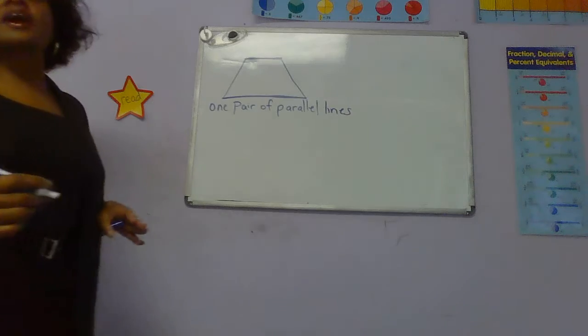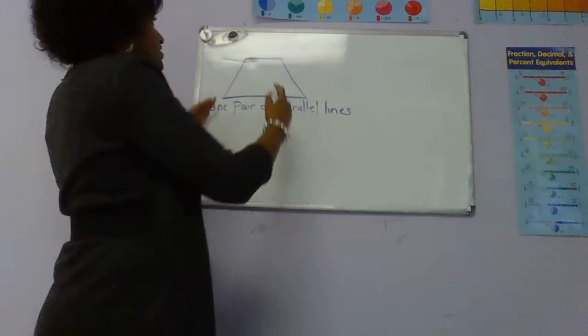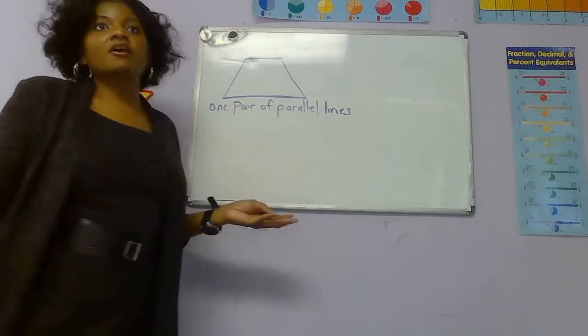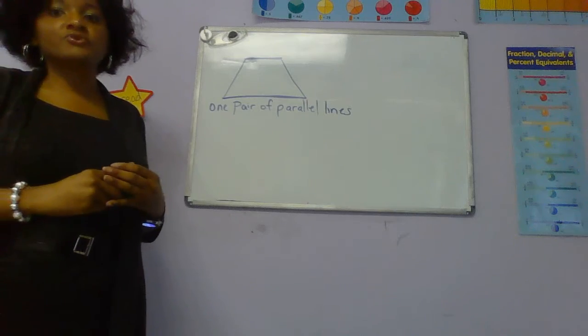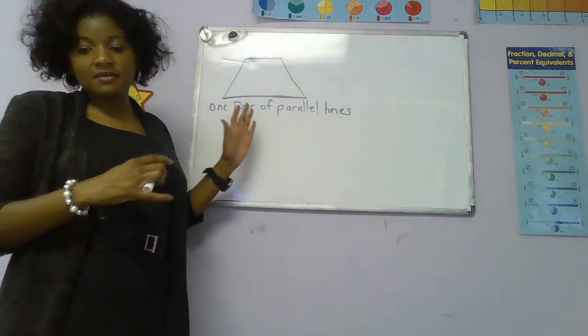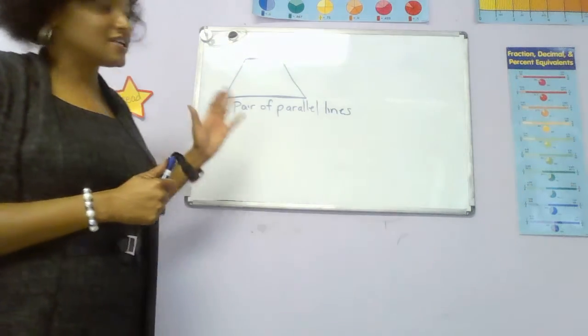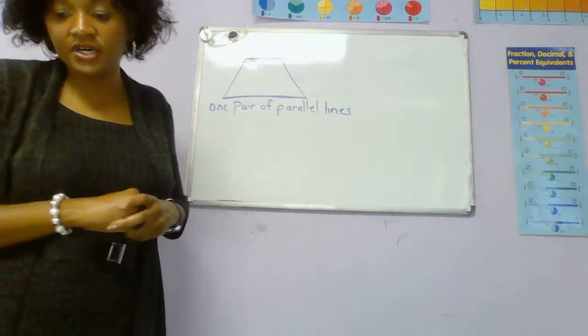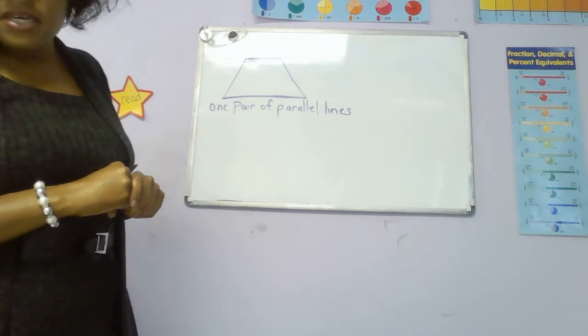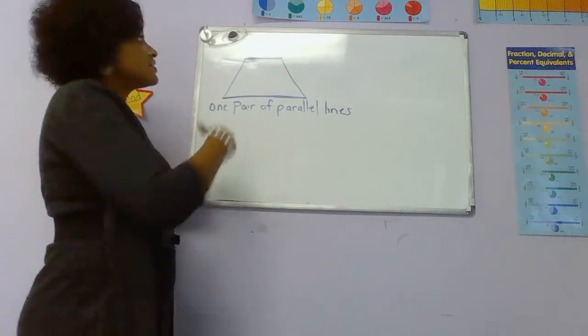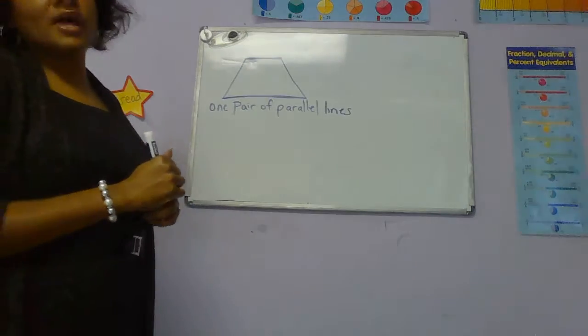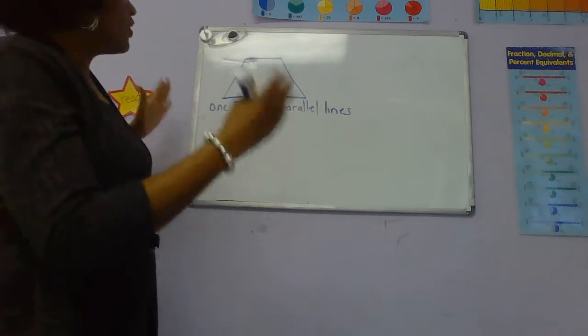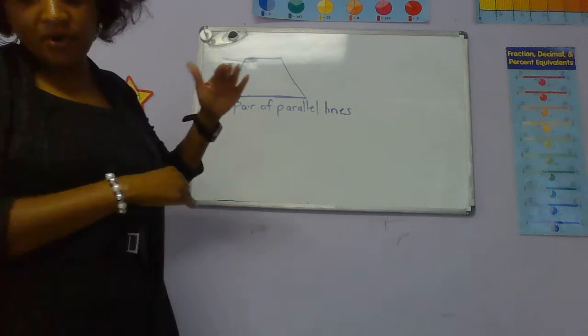Now, there are isosceles trapezoids where the two sides are equal, but not all trapezoids are necessarily isosceles trapezoids. So that's something that's important to know. Trapezoid is just a type of quadrilateral where you have one pair of parallel lines, top and bottom.